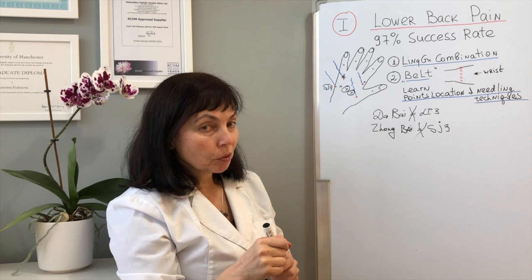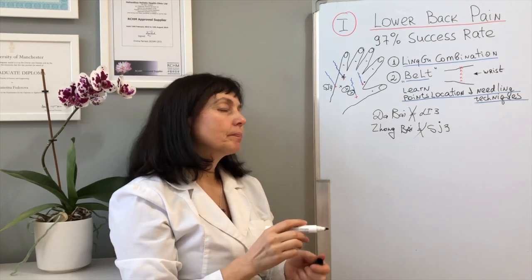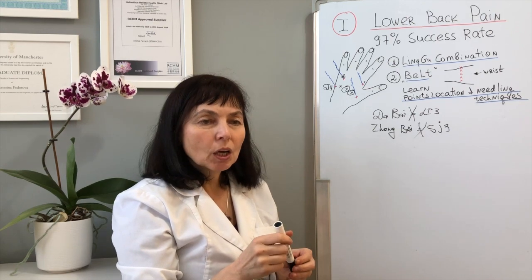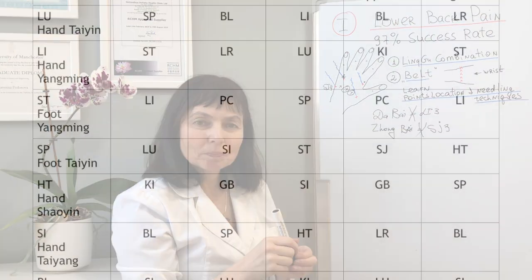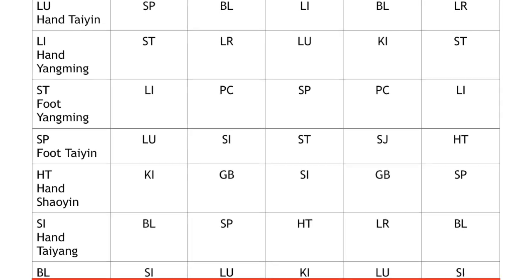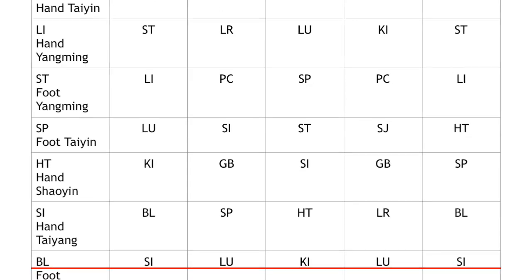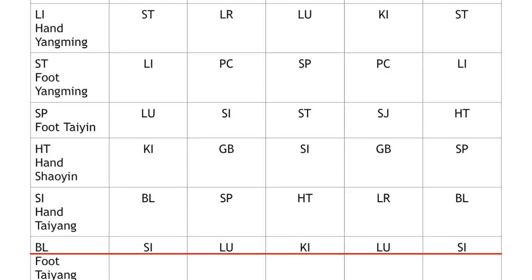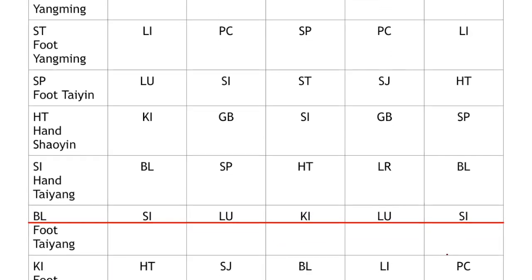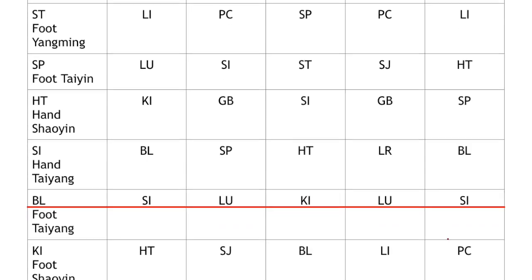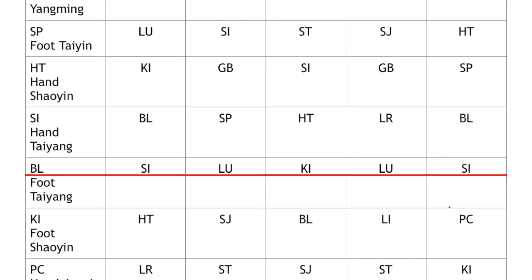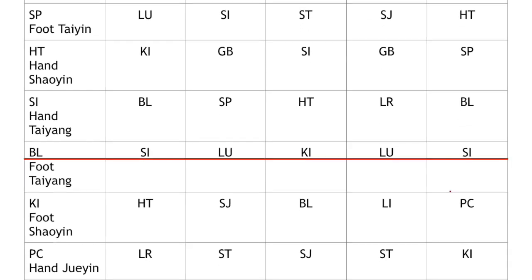What else can we do? According to the table with 6 systems, you will see that treating the bladder meridian, which is sick, we can needle small intestine according to system 1. We can needle lungs according to system 2. We can needle kidneys according to system 3.